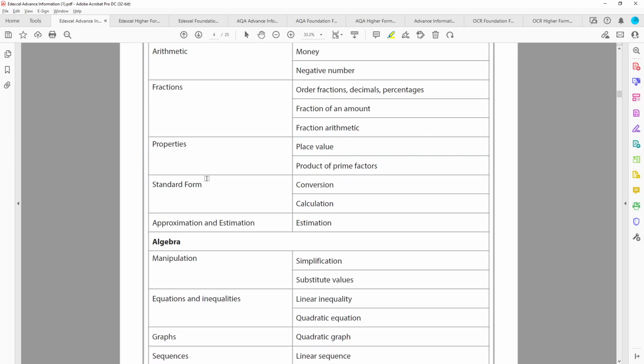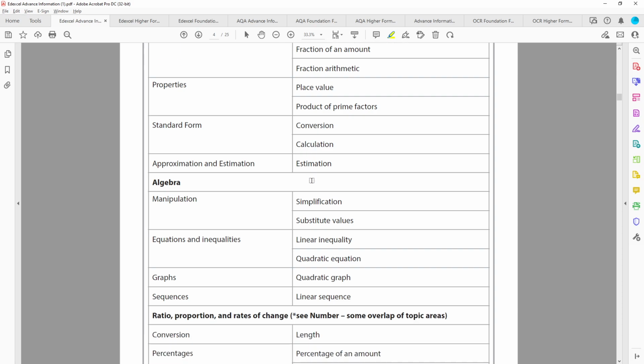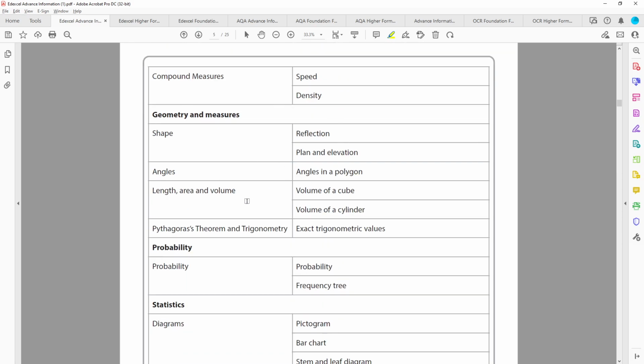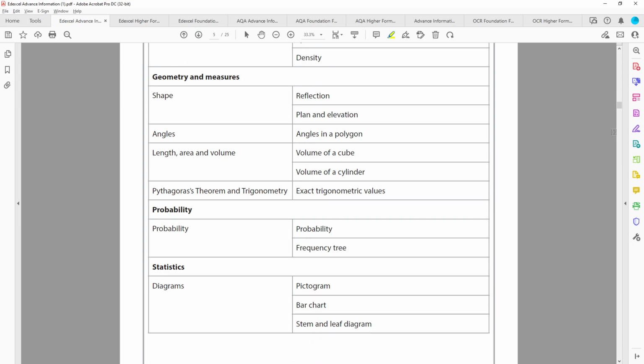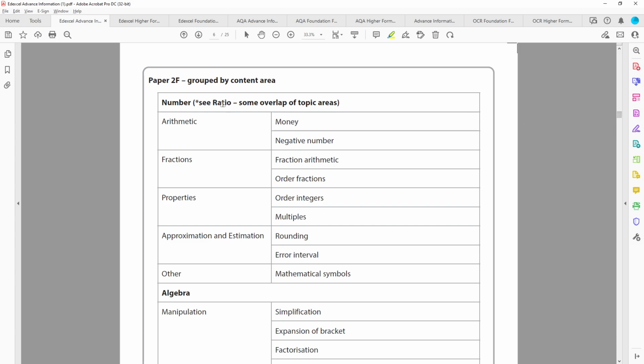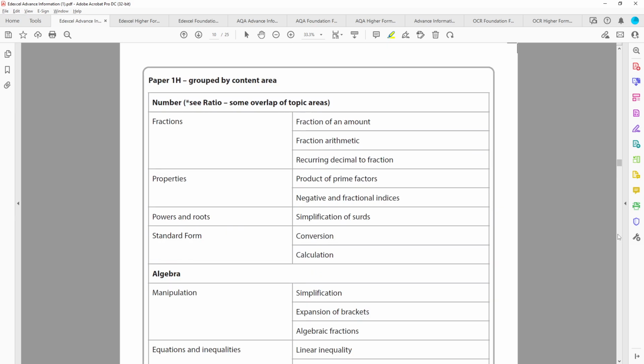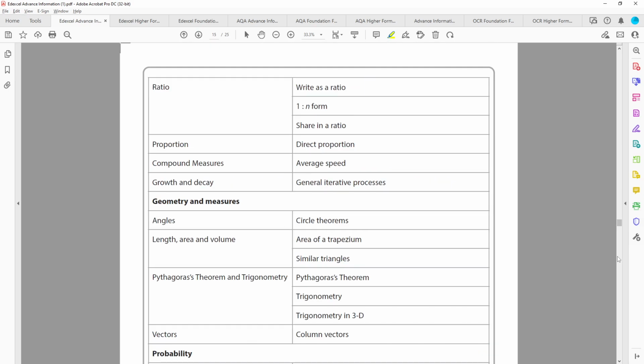It doesn't just say standard form, but it says you will be asked to convert it or calculate it. So you've got a really good list here of the stuff that will be on the paper and the stuff for you to revise. As we go through, it has paper 2 foundation, paper 3 foundation, and then it goes straight on to the higher and has a list of all these topics.